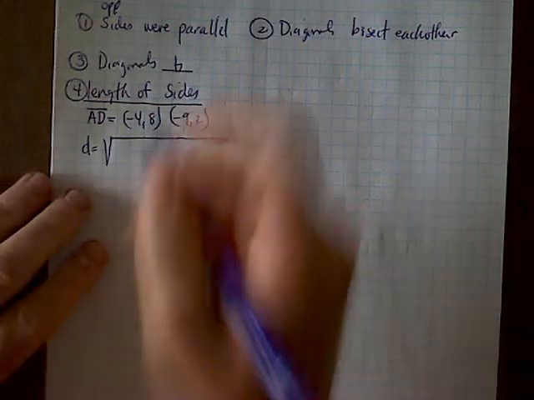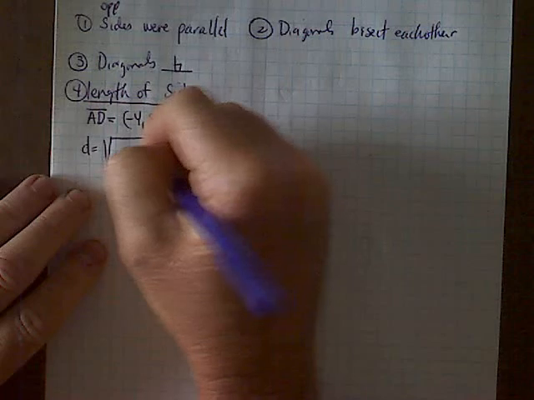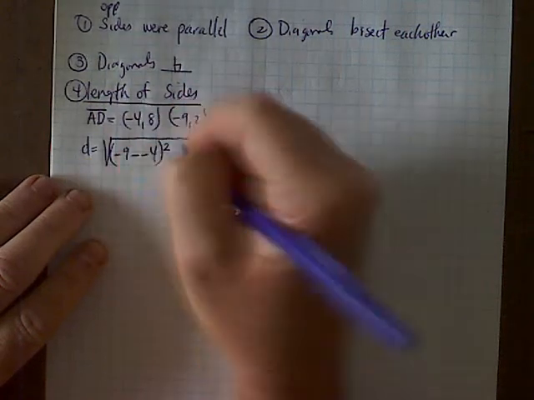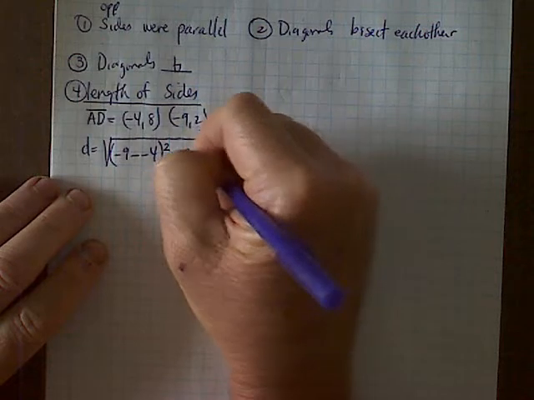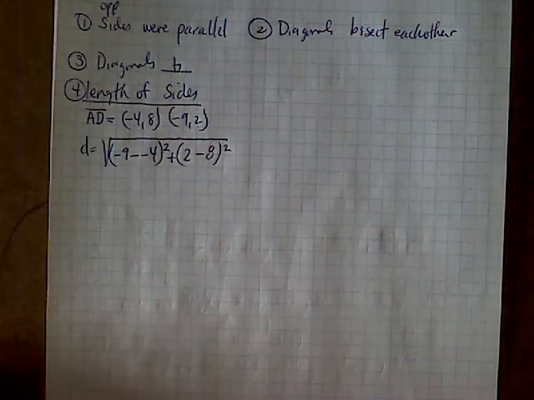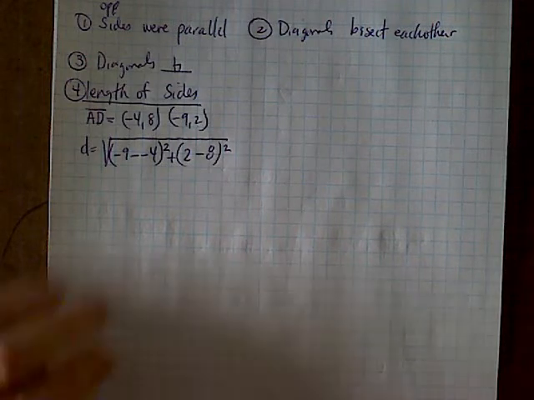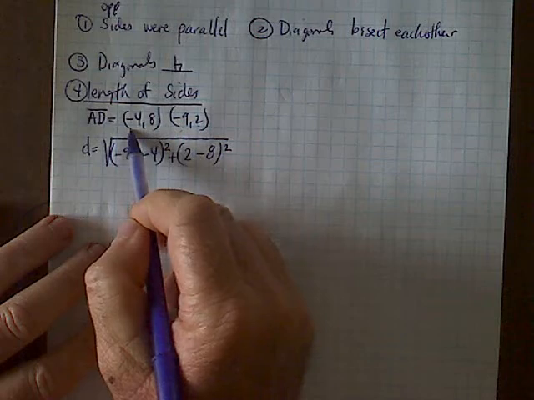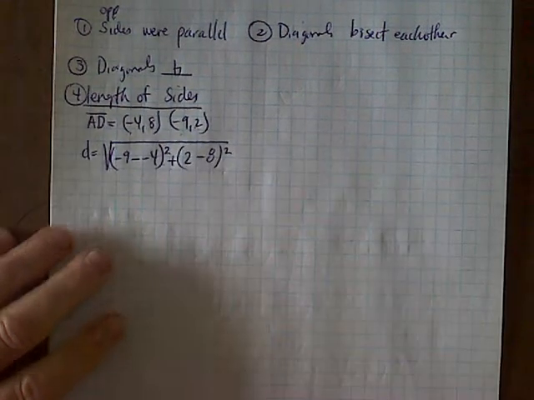Remember, to do the distance formula, you take the second x, -9, subtract the first x, -4, square it, add to it the second y, 2, subtract the first y, 8, square it. Look back at your notes on the distance formula if you forgot it. It's just x2 minus x1 squared plus y2 minus y1 squared.